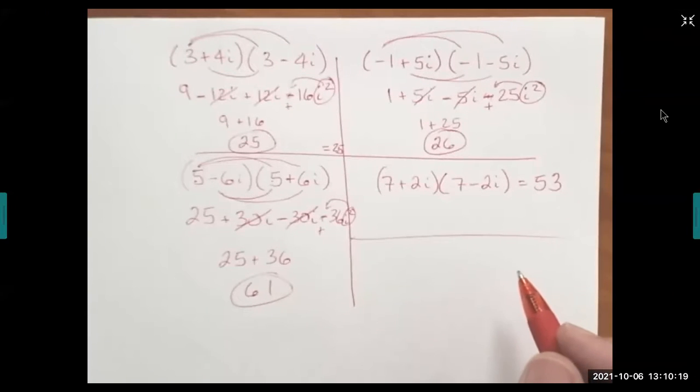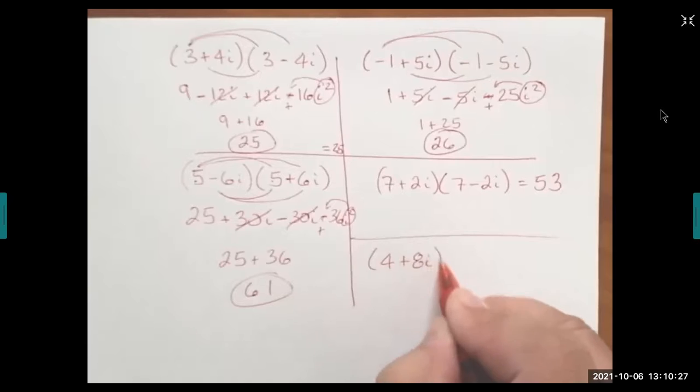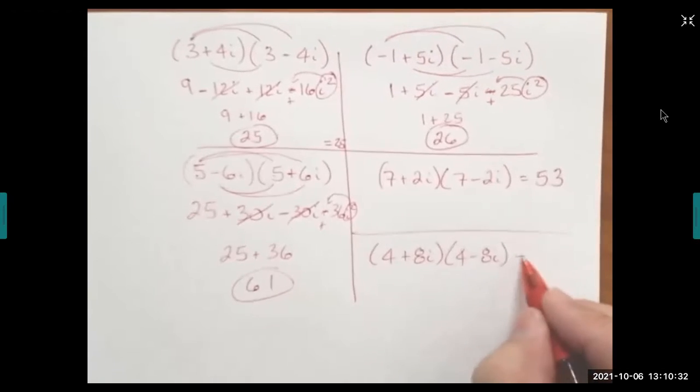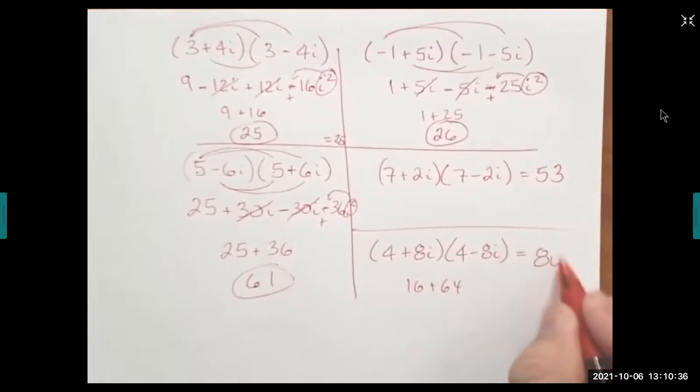Give me any two numbers. 4 plus 8i, 4 minus 8i, 16 plus 64 is 80.